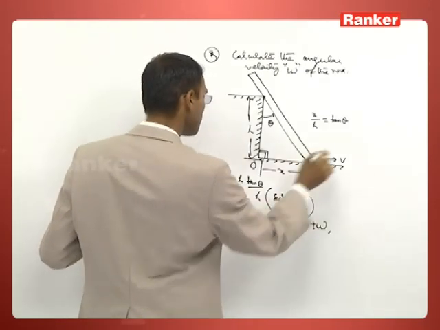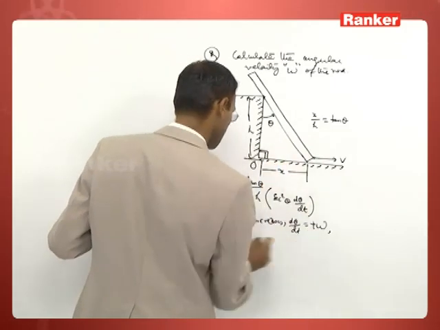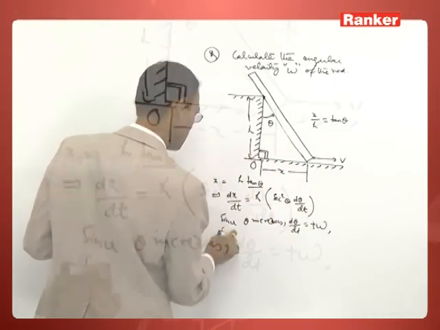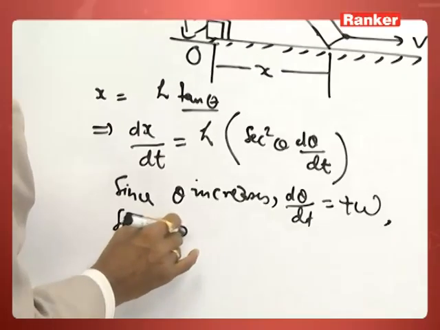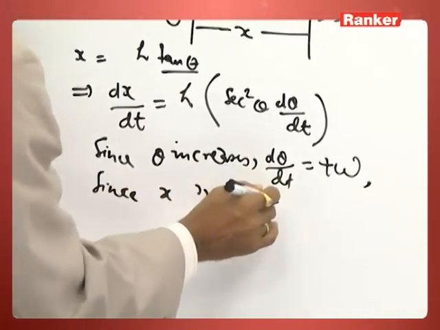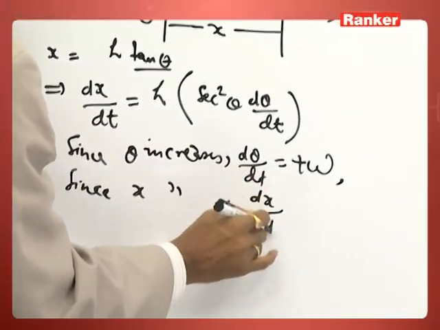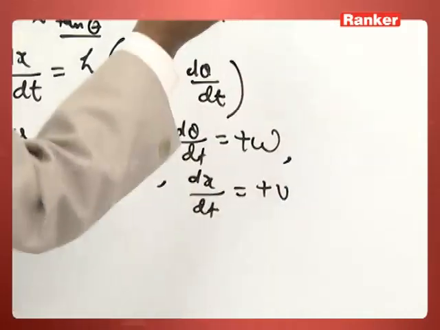Since this point moves towards the right, x increases, so dx by dt is equal to plus v.